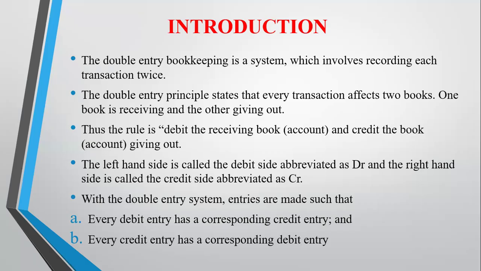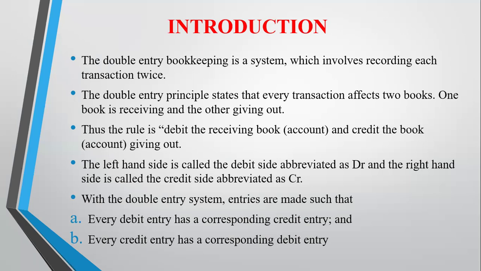So the double entry principle states that every transaction affects two books or accounts. That is, one is the receiving book, and the other book is what? The giving book or account. The rule is we should debit the receiving book or account and credit the book that is given out.